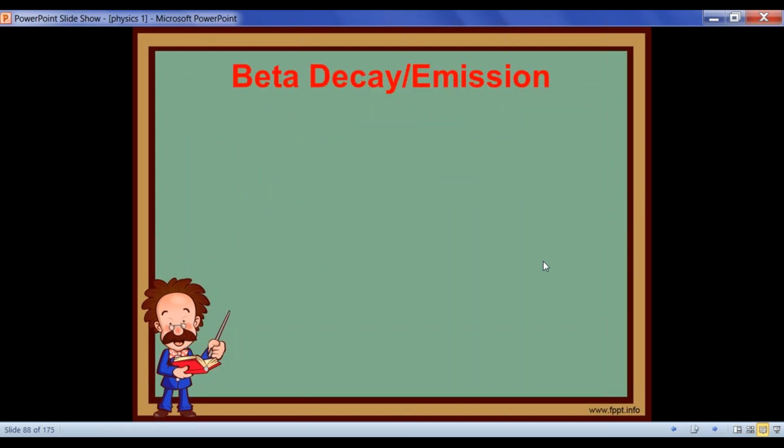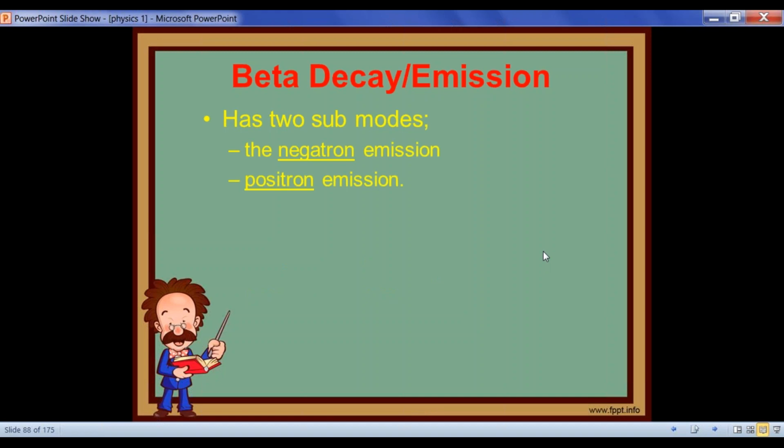For beta decay, for example, it has two submodes: the negatron emission or the negatron decay or the beta minus decay, and the second one is positron emission or the beta plus emission. The relative charge of beta is -1 and has no mass. So if alpha has a charge of positive 2 and mass of 4, the beta emission has a charge of -1 and has a mass of 0.